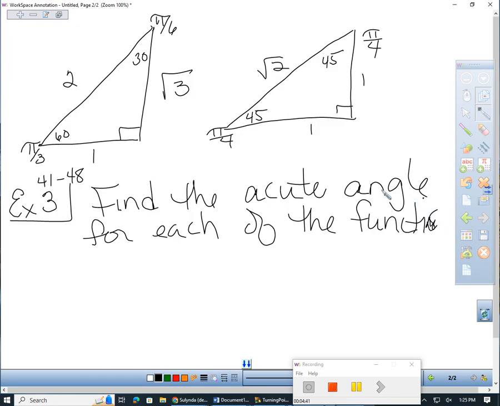And so an example might be sine theta equals square root 3 over 2. So we've got to figure out what angle they're talking about.